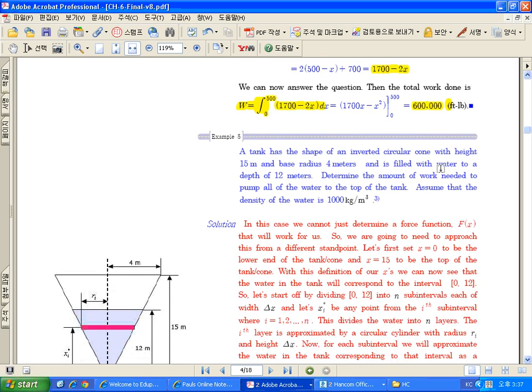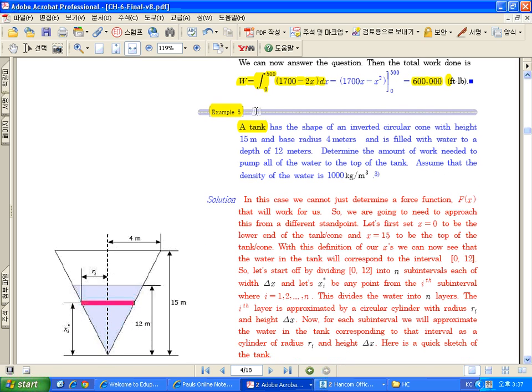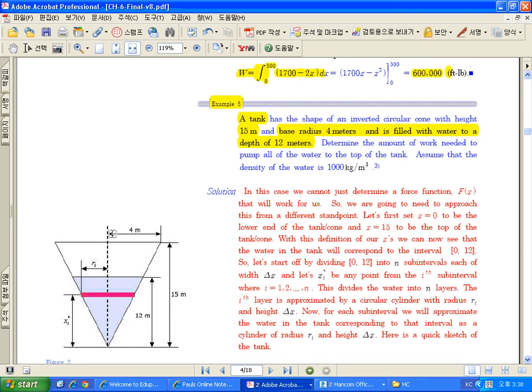Okay, work. The last problem. A tank has the shape of an inverted circular cone, height 15 meters and base radius 4 meters, and is filled with water to a depth of 12 meters.